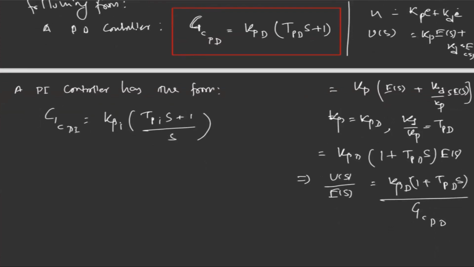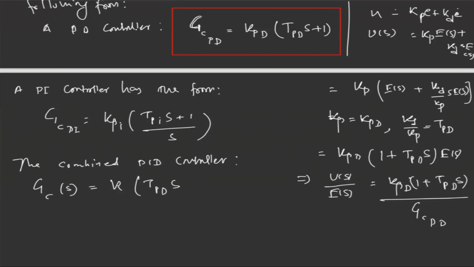Now if you combine these, the combined PID controller, the overall controller transfer function, we can write K into TPD S plus 1 and TPI S plus 1 divided by S.